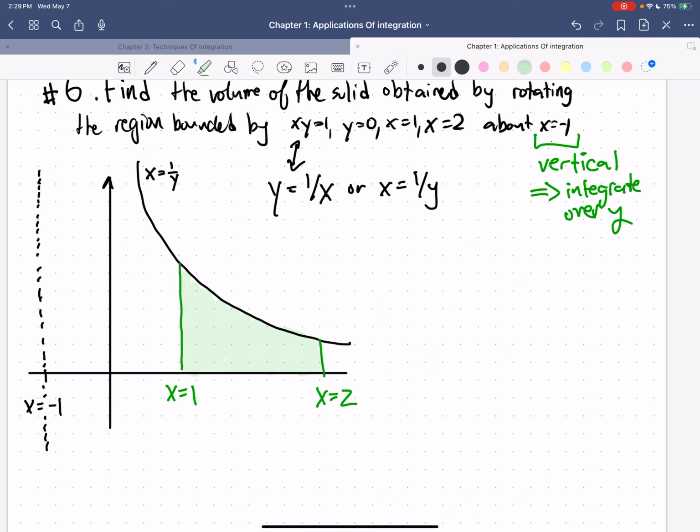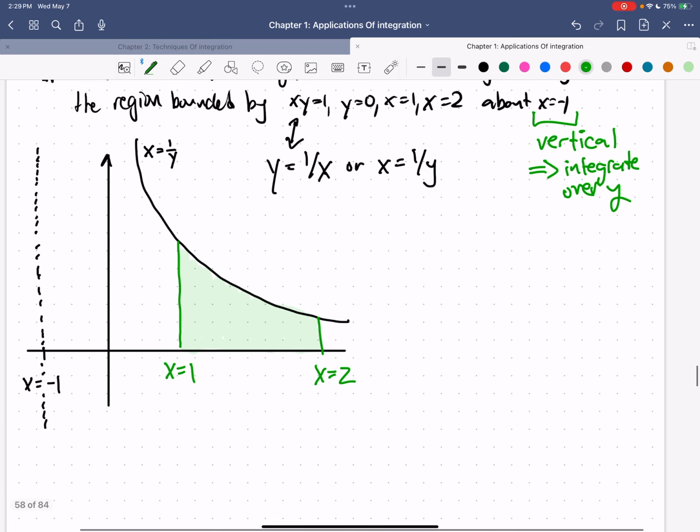Okay, so if we look here, we've got 2 areas that we have to think about, because as we rotate this whole region about the x equals -1 line, we get a shape that's got 2 parts to it. We've got this curved part, and then the straight up and down part.